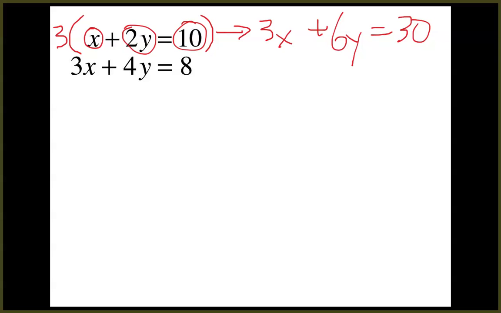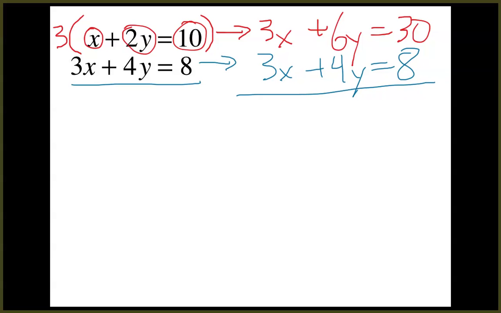And now if I line this one up over here and keep the 3x plus 4y equals 8, I can now subtract and get 3x minus 3x, which cancels out. And then I can subtract because I subtracted here, right?